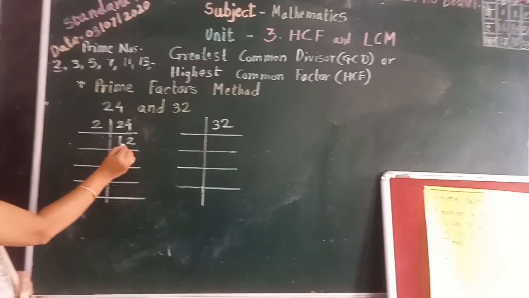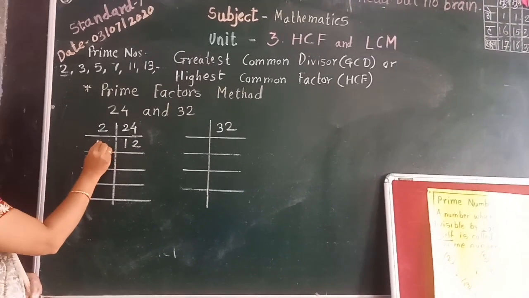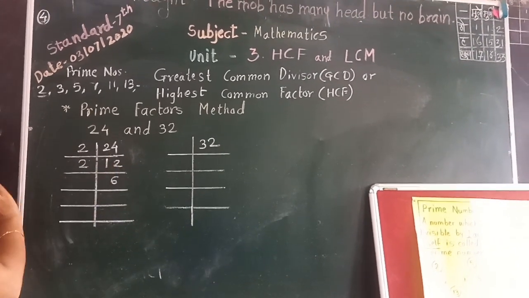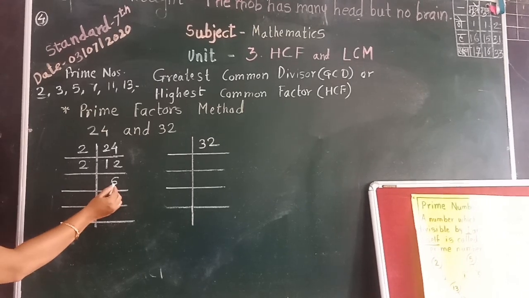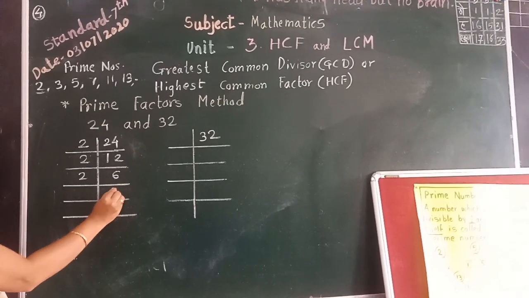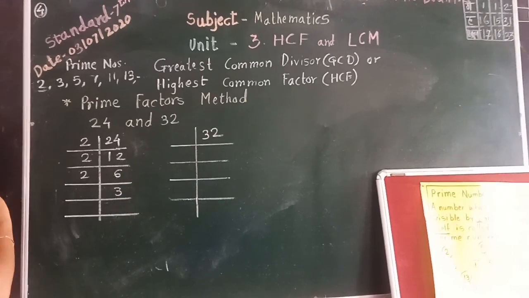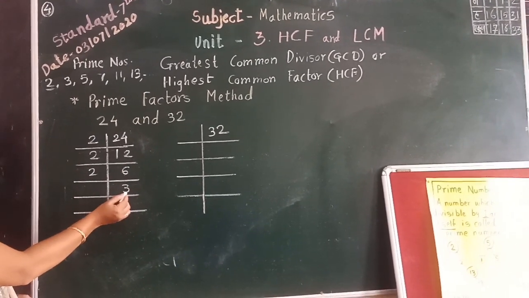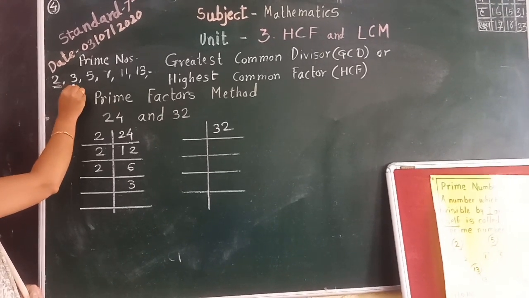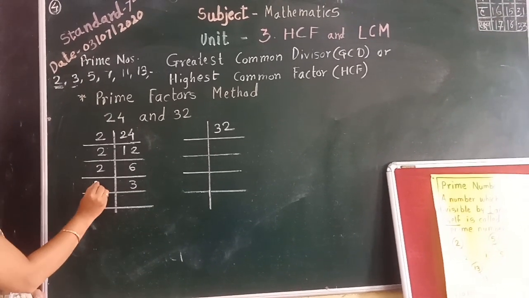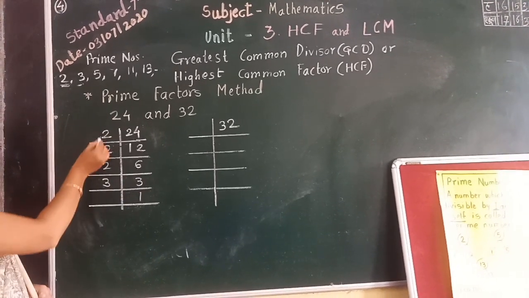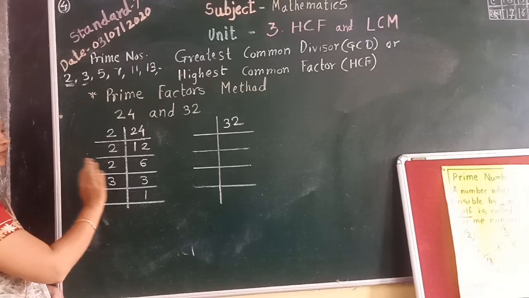Now divide 12 by 2: 2 6s are 12. Now divide 6 by 2: 2 3s are 6. Now 3 is not divisible by 2, so the next prime number is 3. It is divisible by 3: 3 1s are 3. These are the factors of 24.